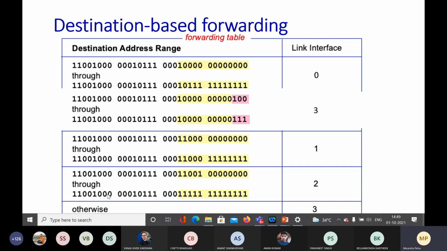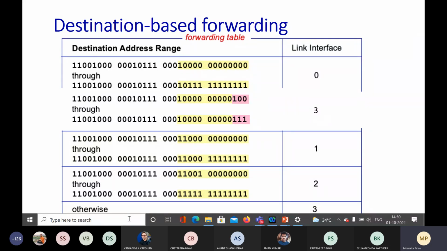These two IP addresses actually fall under the range of link interface 0, but they can also fall in the otherwise category if you do not read the full one. So to reduce all these confusions, what can be done?